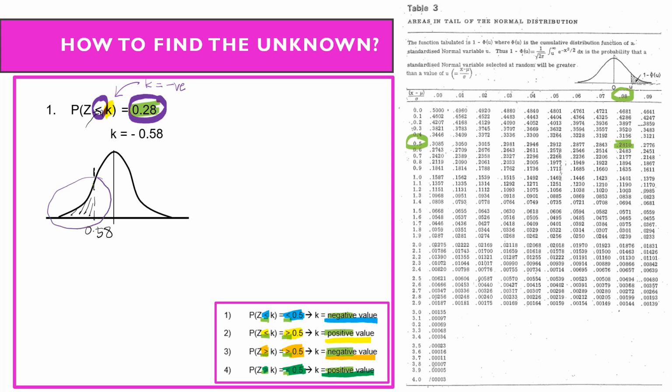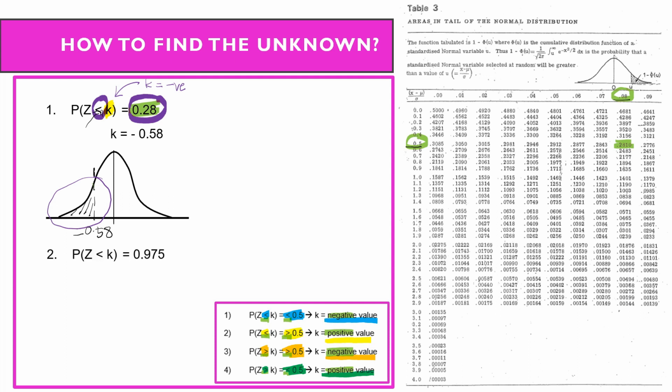Therefore, you can read directly from the table: 0.58, so 0.5 and then 8. Is it 0.28? Yes. Therefore, k equal to negative 0.58 is a correct answer.